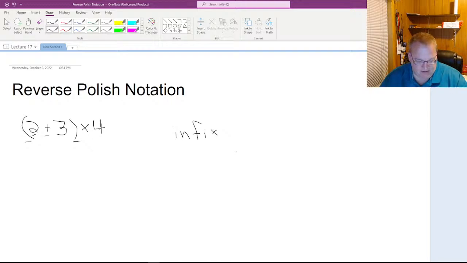An infix notation means that the operator is between the 2 operands. Right? This is an operand, and that is an operator.